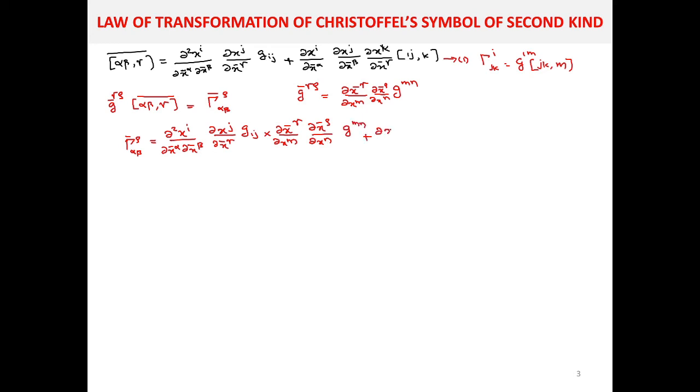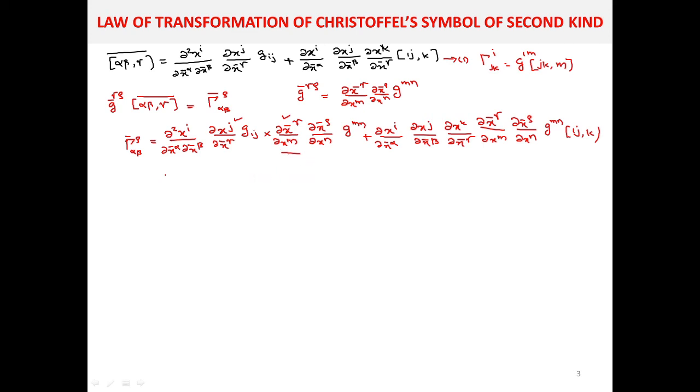The second term also you can write as ∂xⁱ/∂x̄^α, ∂xʲ/∂x̄^β, ∂xᵏ/∂x̄^γ into ∂x̄^γ/∂xᵐ, ∂x̄^ρ/∂xⁿ, gᵐⁿ, and Γᵢⱼₖ is also here. Okay, now we can make some rearrangements here.